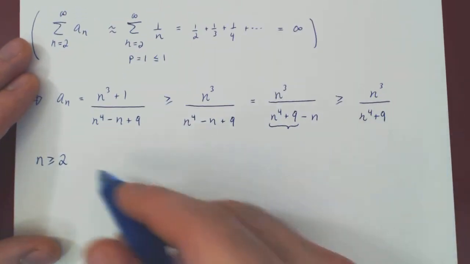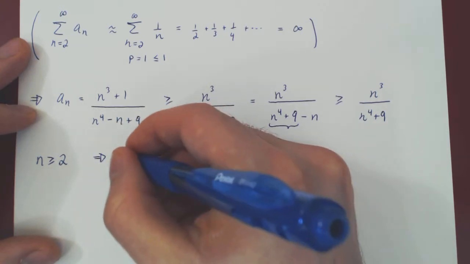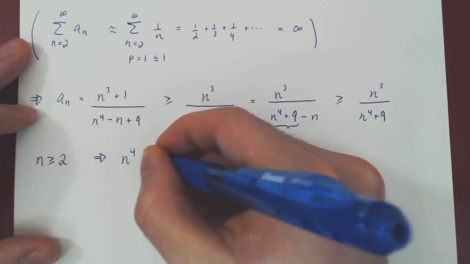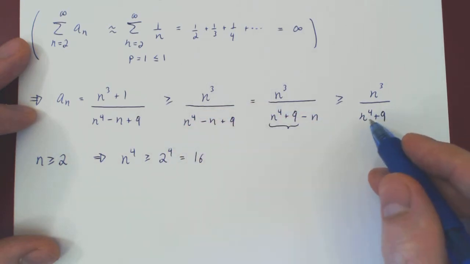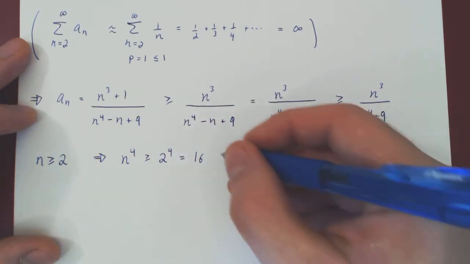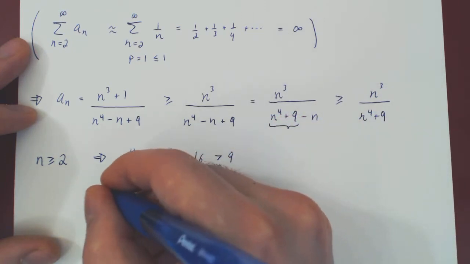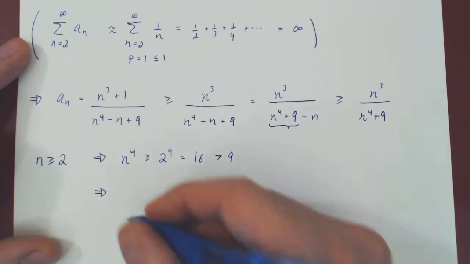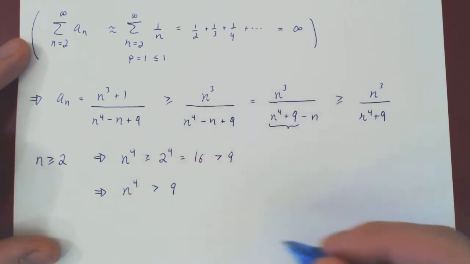Well, if n is at least 2, take the fourth power on both sides, so n to the 4 is at least 2 to the 4, which is 16, and 16 is clearly larger than 9. And so you see, because of our range of summation, n to the 4 is strictly larger than 9.